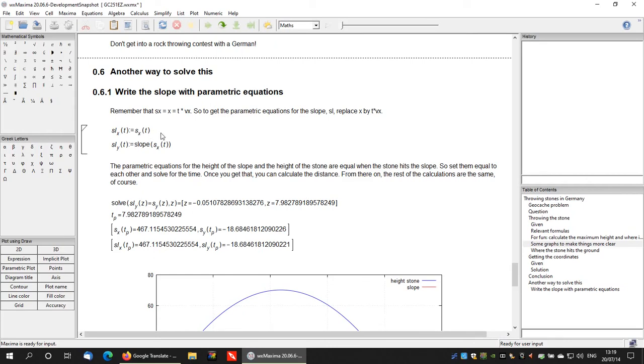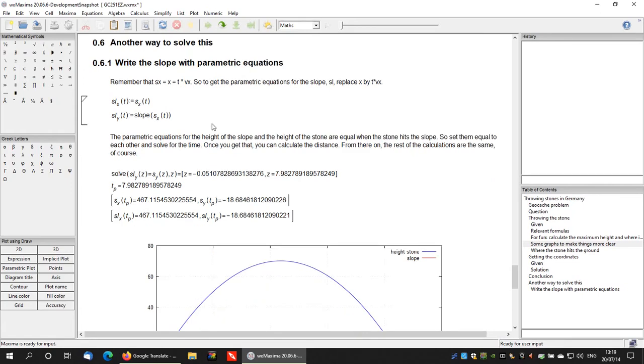And if you want the y component of the slope, you fill in the slope and then that value x of t, which is actually just the same as t times vx, to get the parametric equations.